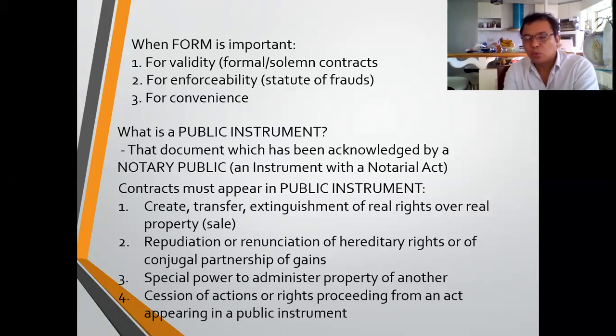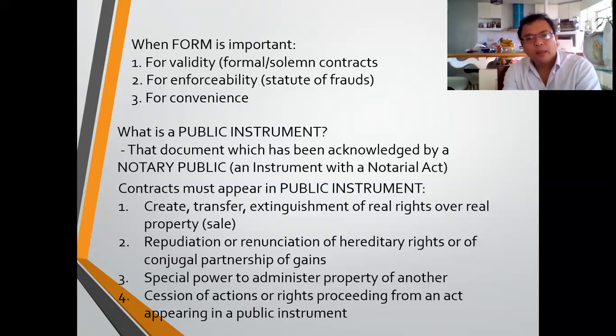There are persons who would renounce their inheritance, like a priest or a nun who has made a vow of poverty. They cannot receive property because they commit themselves to the vow of poverty.